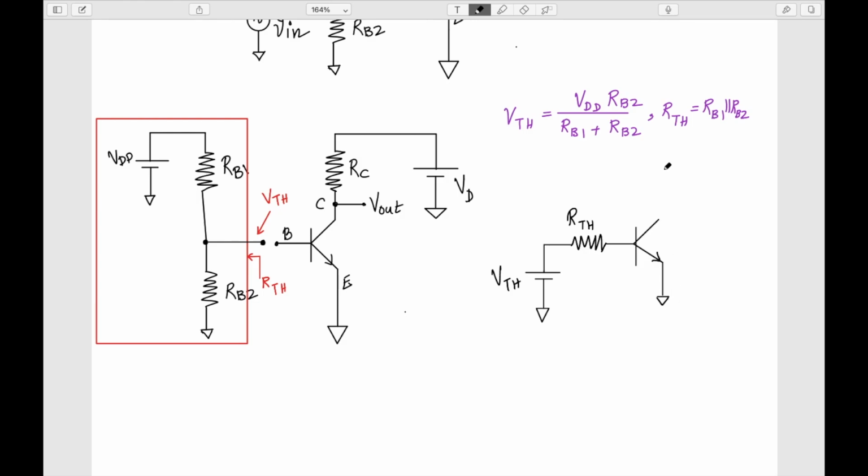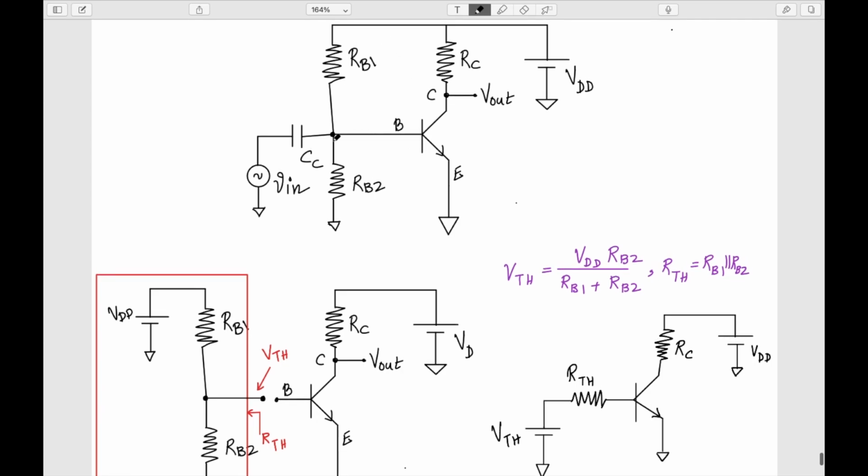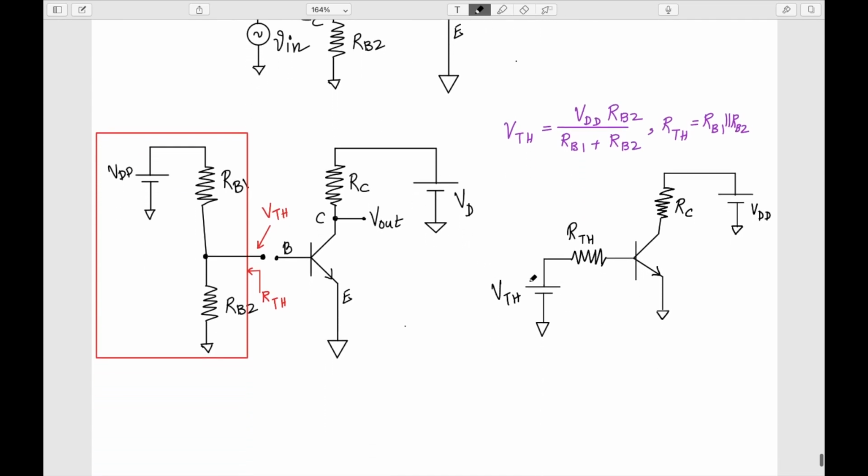The emitter is connected to ground. So this is the equivalent circuit of this whole thing, where my VTH is given by this expression and RTH is given by this expression.